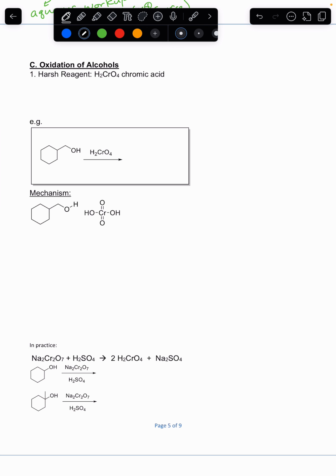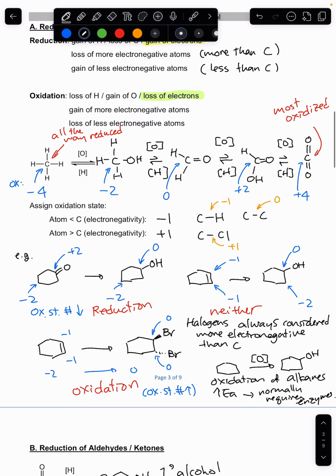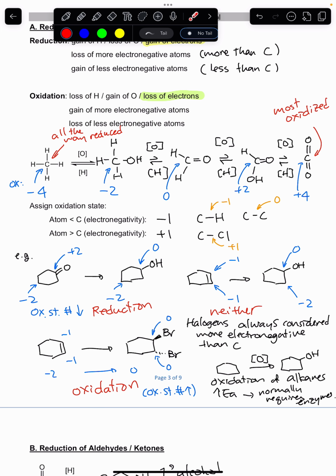So with harsh reagents, you can actually take a primary alcohol and oxidize it all the way to carboxylic acid. And I say all the way because if you recall a discussion about redox, from alcohol, of course, the most oxidized would be the carbon dioxide, but that we're not going to touch a reaction like that for now.